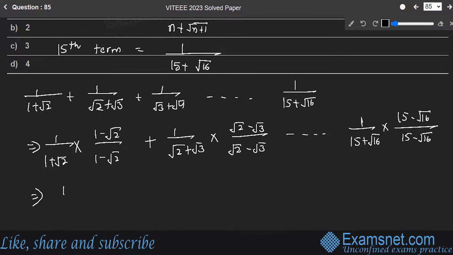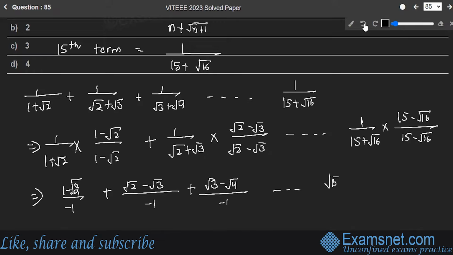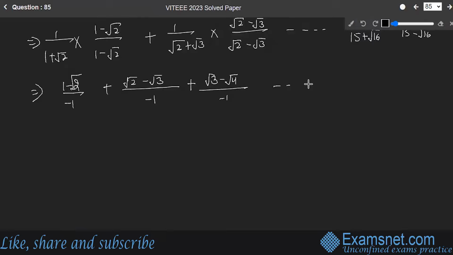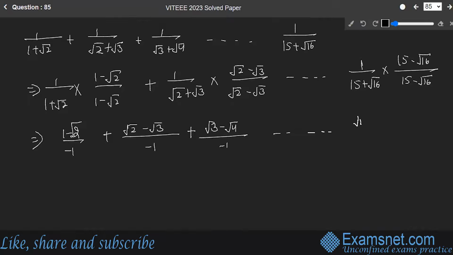So that is equal to (1 minus root 2) upon (1 square minus root 2 square), that is 1 minus 2, or this is equal to minus 1. It was (root 2 minus root 3) whole divided by the same thing, root 2 square minus root 3 square, which is equal to minus 1, plus (root 3 minus root 4) upon minus 1, and so on till (root of 15 minus root of 16) upon minus 1, right? So we got this answer by rationalizing it.